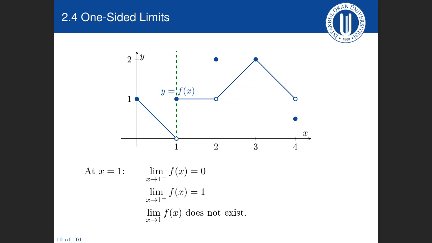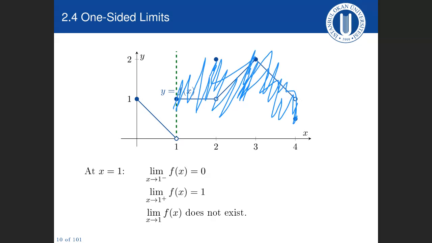So we're forgetting everything on the right. Just forget that this function is here. Only look on the left of 1. The function gets smaller and smaller. It gets closer and closer to 0 as x gets closer and closer to 1 from the left. So it looks like the limit as x tends to 1 from the left of f of x is equal to 0.